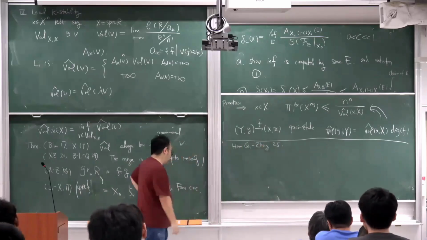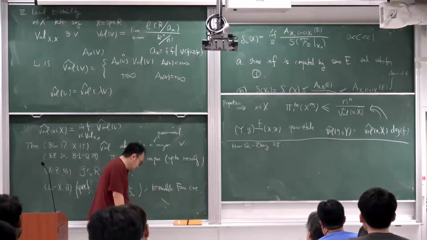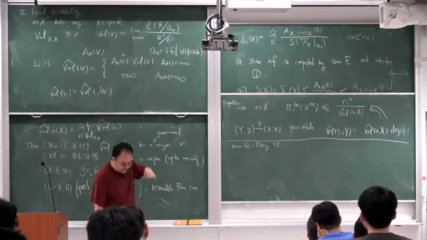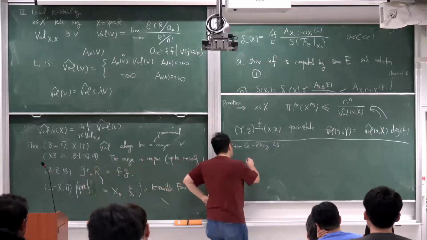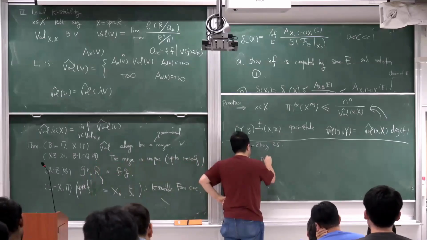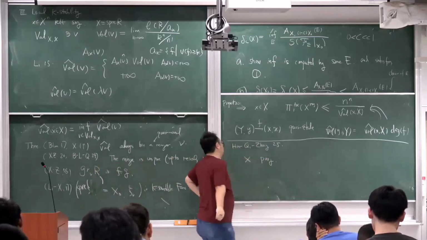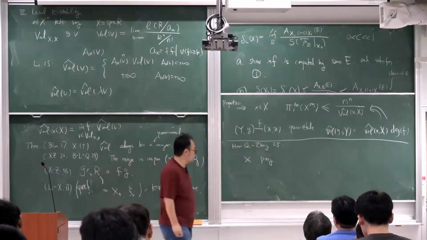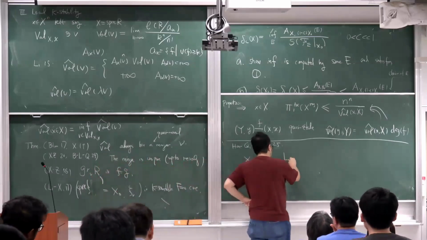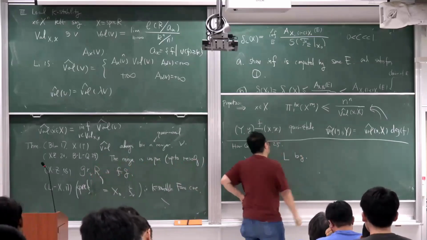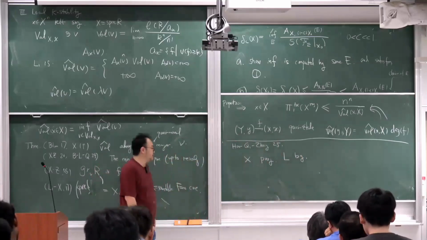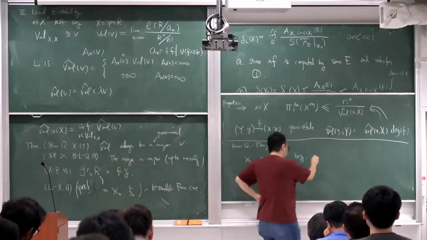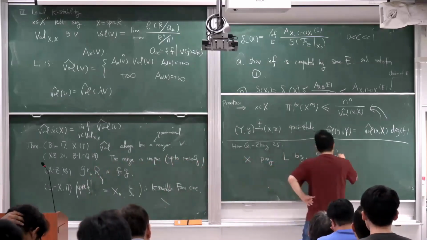So let me first say that if X is a projective variety, and let's say L is a big Q-line bundle, a big divisor on X. So I define alpha(X, L). So this is the alpha invariant.